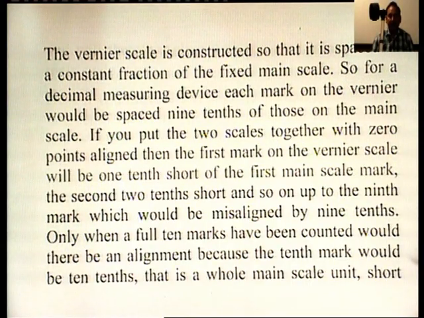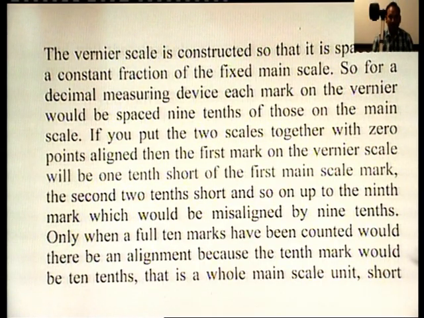The vernier scale is constructed so that it is spaced at a constant fraction of the fixed main scale. So, for a decimal measuring device, each mark on the vernier would be spaced 9/10 of those on the main scale.